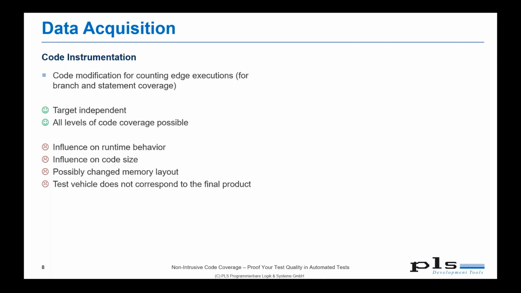Then you get a changed code size as well, and possibly a different memory layout because of the data that has to be collected during the coverage measurement. At the end, you have to be aware that the code under test with instrumentation is not the code that you will use later in the field in your product.